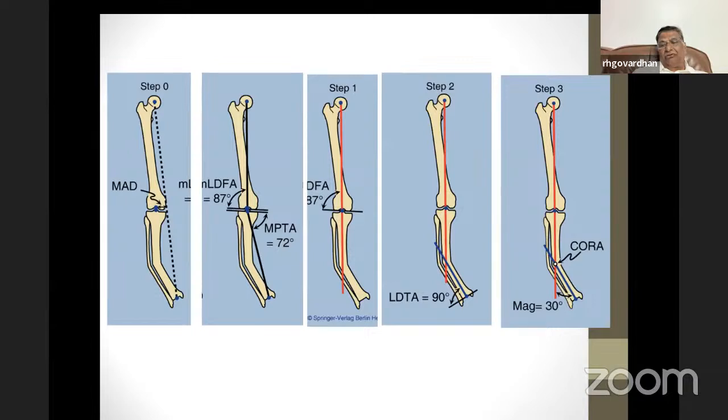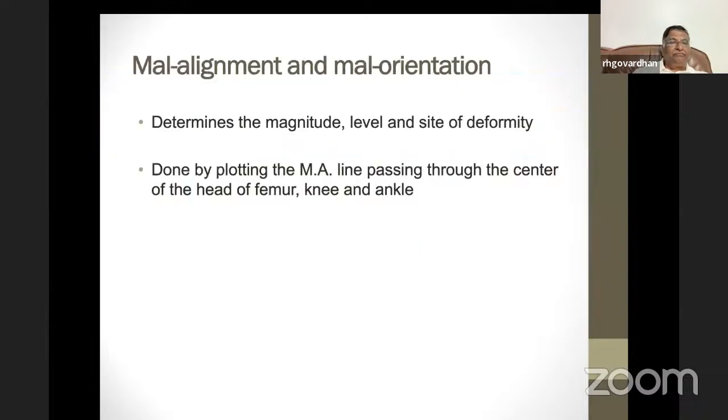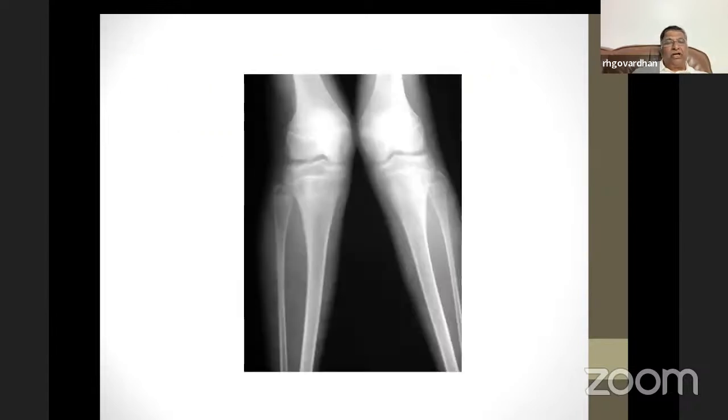You have to draw a bisector line to this, and along the bisector line, either on the convex side or on the concave side, you can place your hinge and you can correct the deformity. So determine the magnitude, level, and site of the deformity by plotting the mechanical axial line passing through the center of the head of the femur and the ankle.